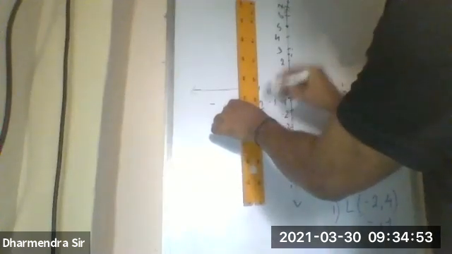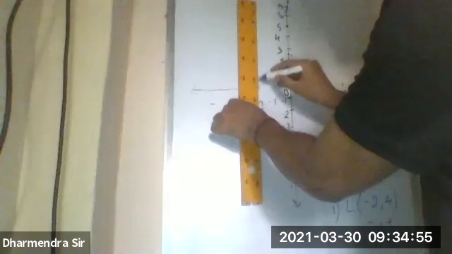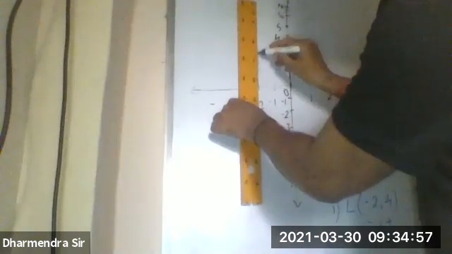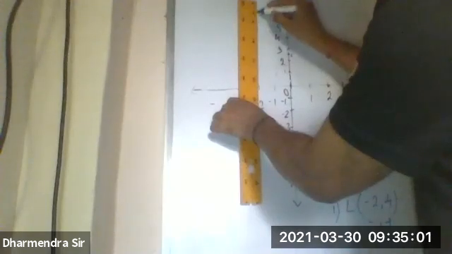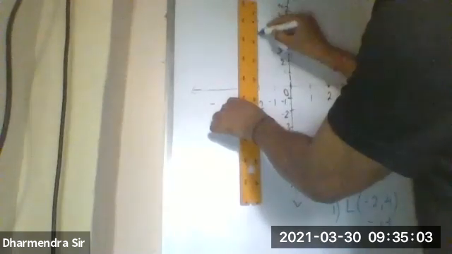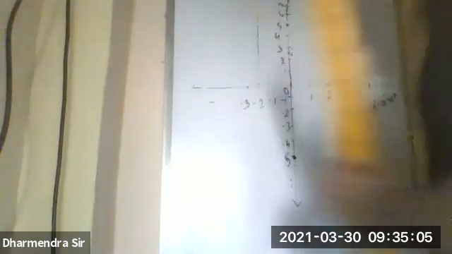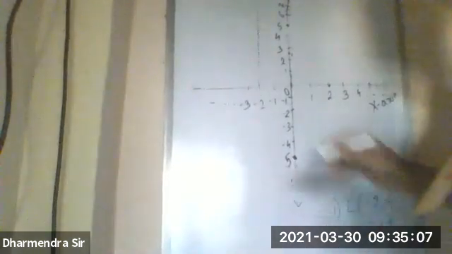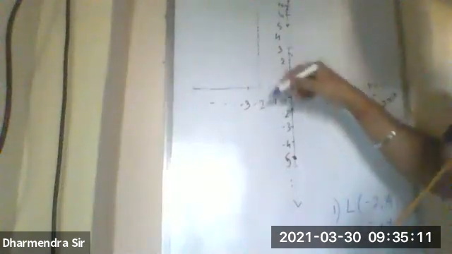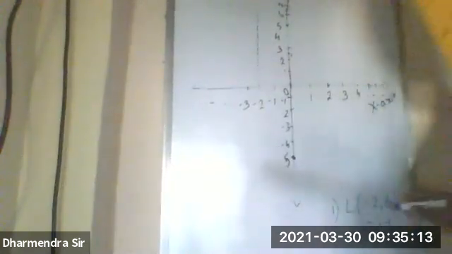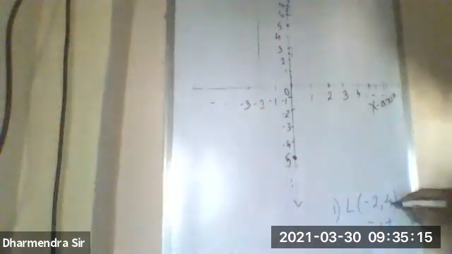This is x equal to -2. I'm using a dotted line to represent this. This line represents x equal to -2. And here we are having y equal to 4.